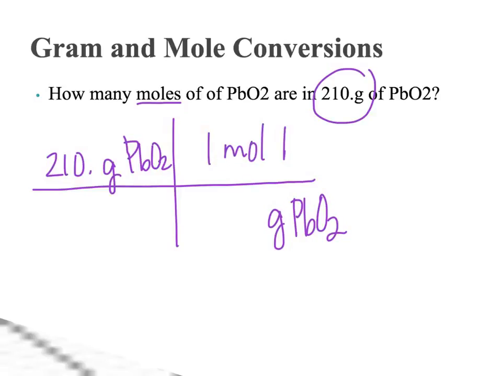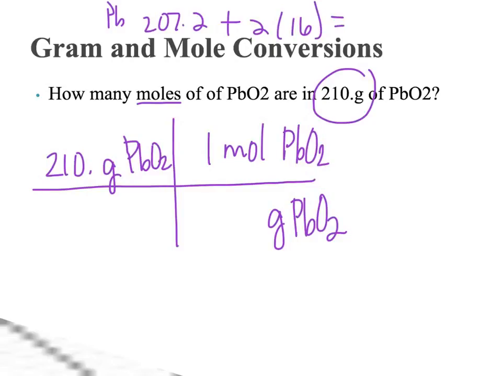So at this point, we need to get a molar mass of lead oxide, and we can jot that down up here. Lead is 207.2, and then plus the oxygen, and we have 2 of those, so we need to do 2 times 16, and when we do that, we should get that it is 239.2 grams per mole. So now we'll plug that into our problem.